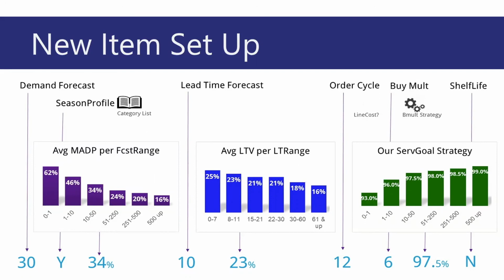And it starts there. But then don't forget this. Is it seasonal? Because if I believe it's going to sell in a similar season to another item, I can't do nothing. If I do nothing, I'm going to fail. I at least have to borrow the profile, Barry, of another item. Right. And we find that too often people don't do that. The ones that do it have a little catalog here.